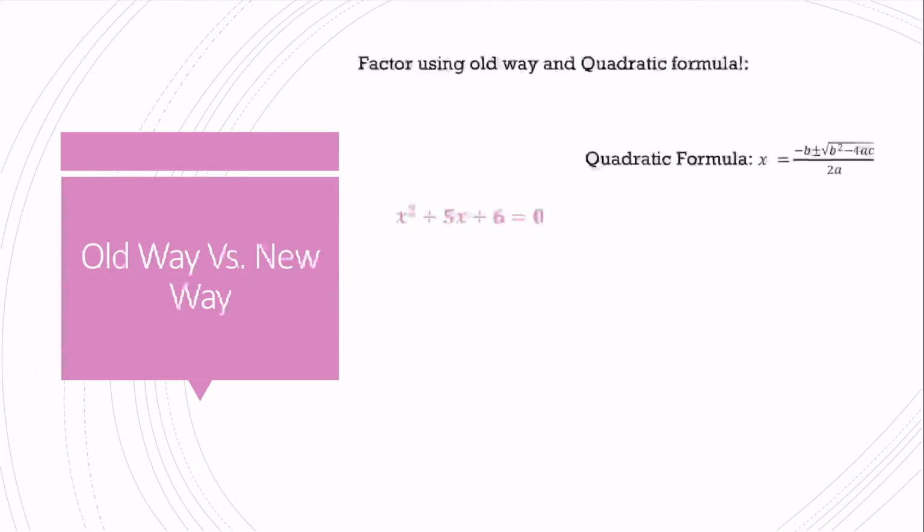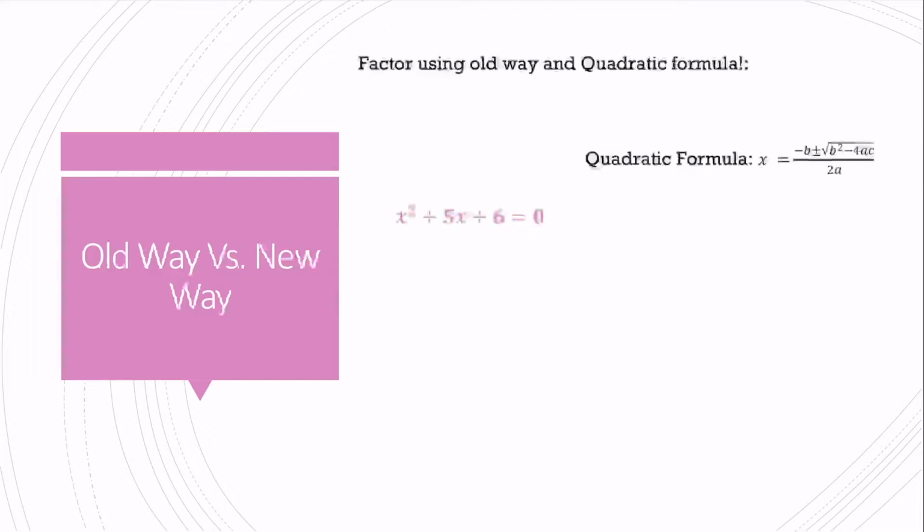So I have x squared minus 5x plus 6 equals 0. So I find the factors of AC that add up to b, and those factors are negative 2 and negative 3.